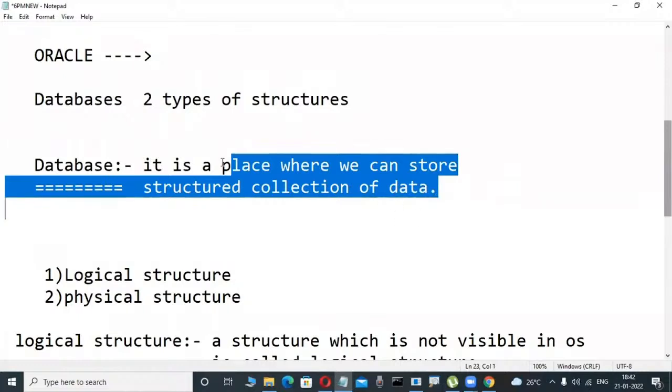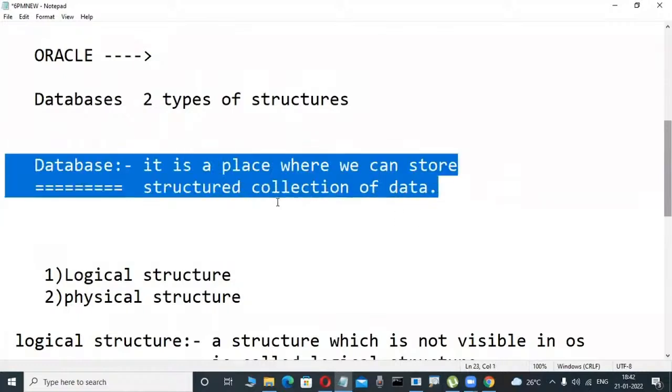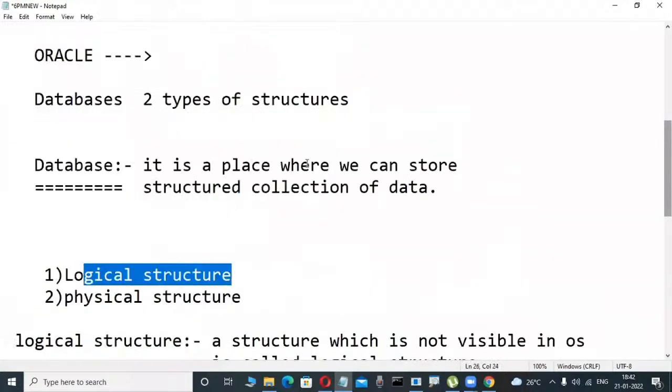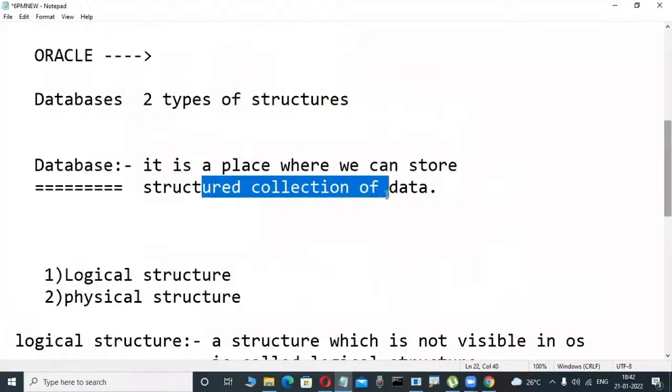Why? Because this is the developer definition. Developers are logically good. A table is nothing but a structured collection of data. They have an idea, that's why you also say a structured collection of data.